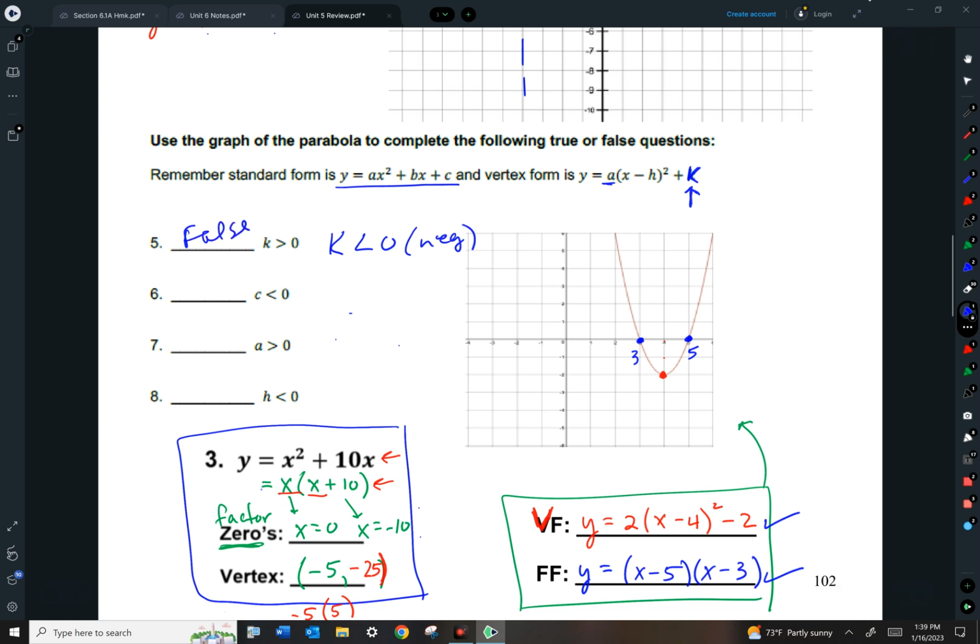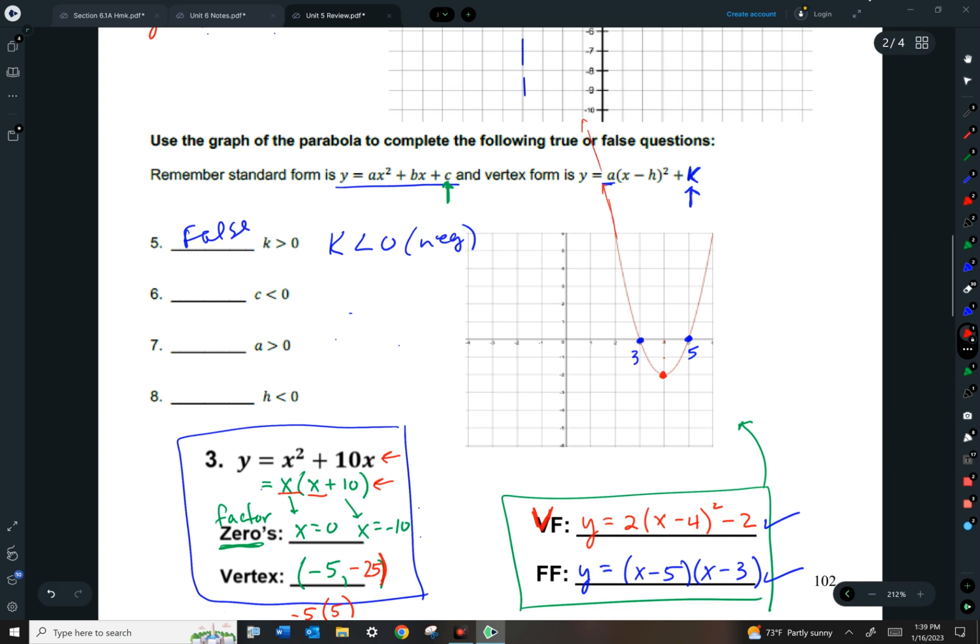Okay, is the c number less than 0? Remember, the c number is from the standard form, and what does c represent? It represents the y-intercept. And you might be looking at this and saying, well, there is no y-intercept. Well, you just don't see it, because isn't this parabola going to continue up this direction?